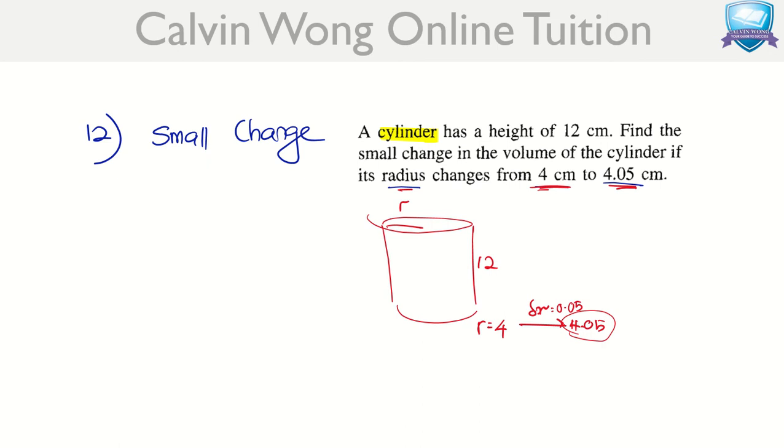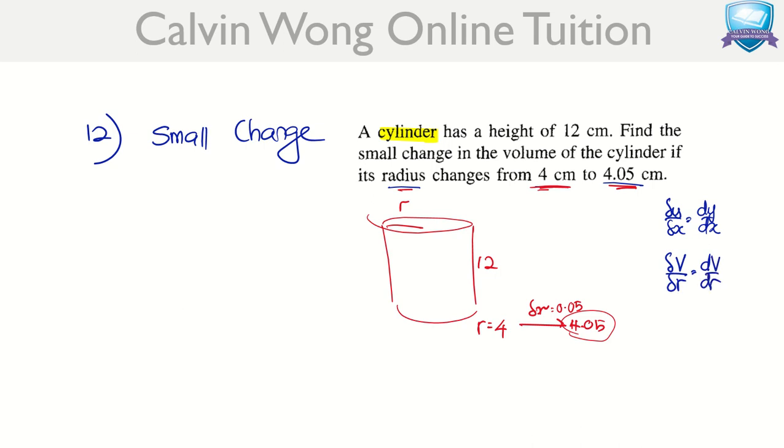Remember this. For small change, there is only one formula you need to remember: delta y over delta x is dy/dx. Or in this case, delta v over delta r is dv/dr.